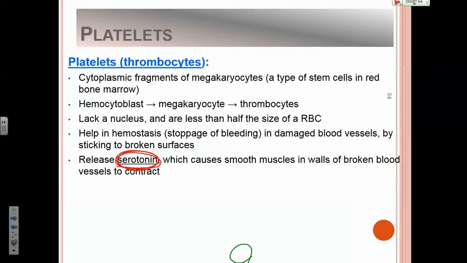Okay, we'll look at that process next week. Just for right now, know that platelets release serotonin. The chemical they release is called serotonin. Okay, but what serotonin does is actually cause smooth muscles to contract, and so that triggers some of these tiny blood vessels to close up, which is important if there's a tear in the wall of that blood vessel. It prevents it from bleeding out. Okay.